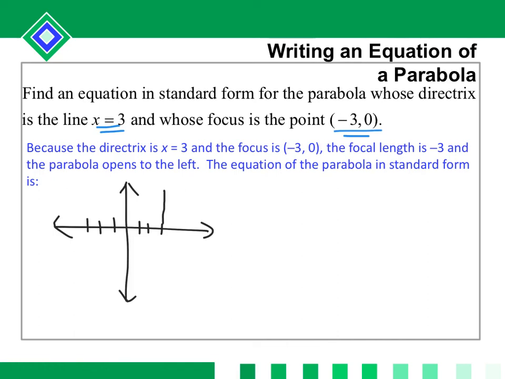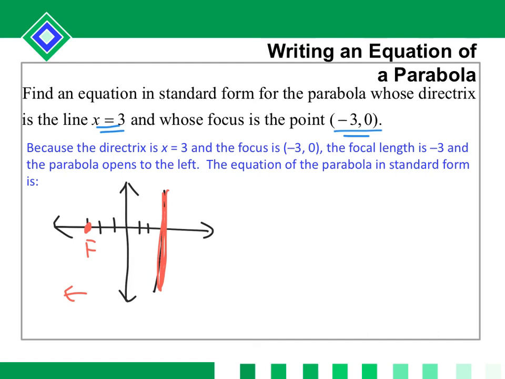So directrix is right there. Let me use a different color for directrix. So that's the directrix at x is equals to 3. And then the focus is on the other side. And so we know the parabola is going to be opening in this direction.